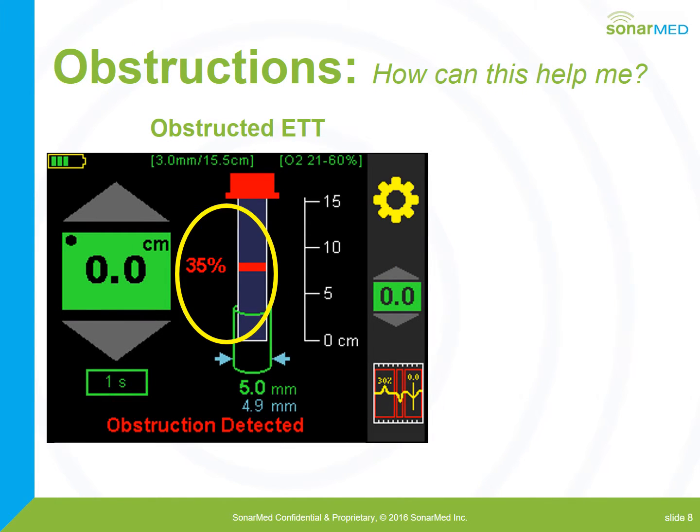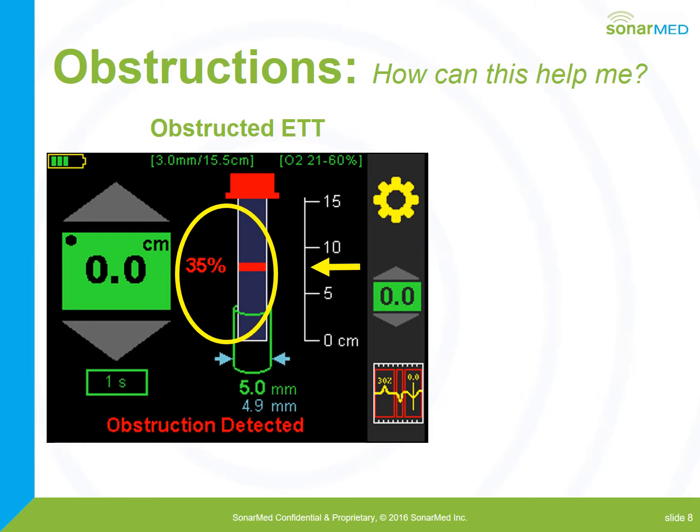And how can that help you to know about obstructions? Again, knowing where you have the obstruction really helps you to have better secretion management and know where you need to suction. Also helps you to know if you've removed the secretions. Let's say you had an obstruction or occlusion that was higher up in the tube. It might just be a kink.